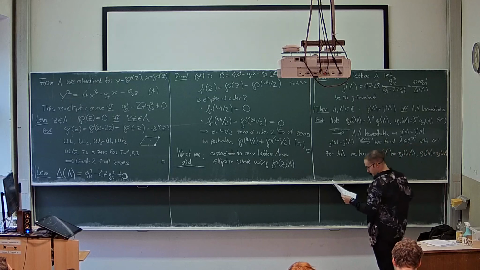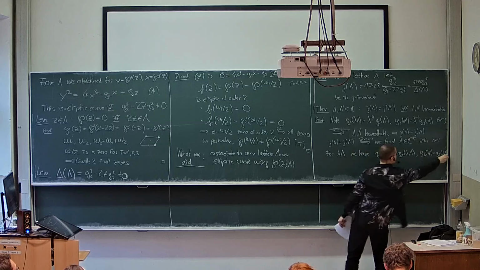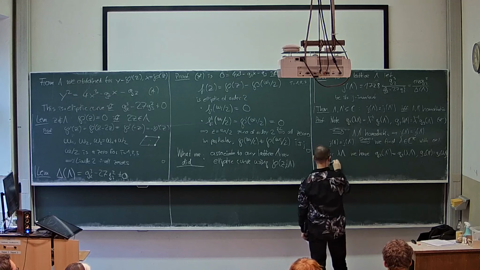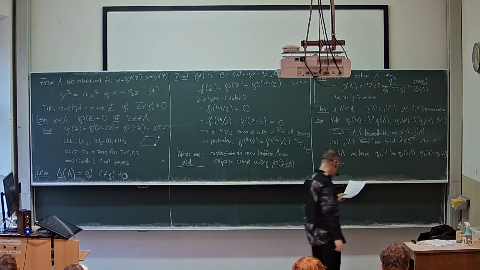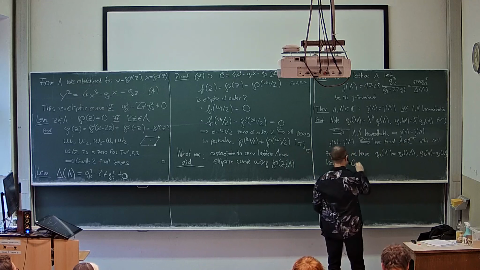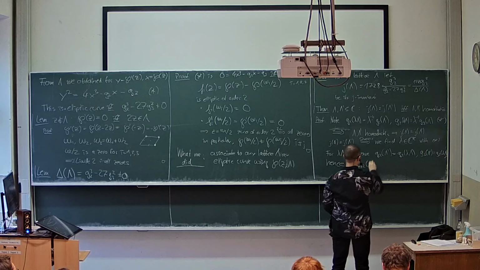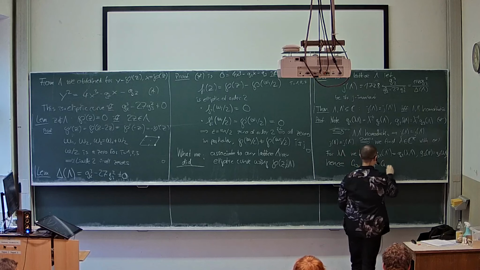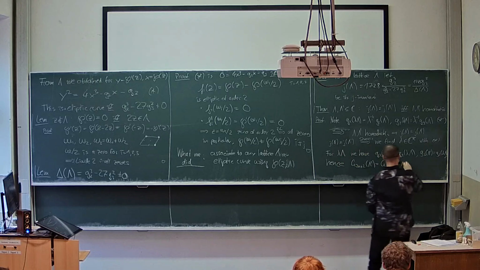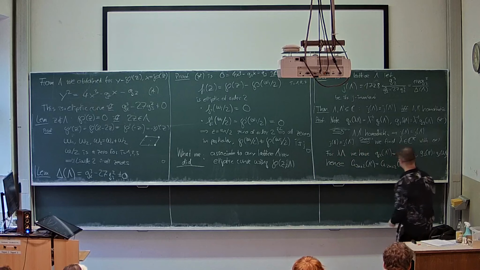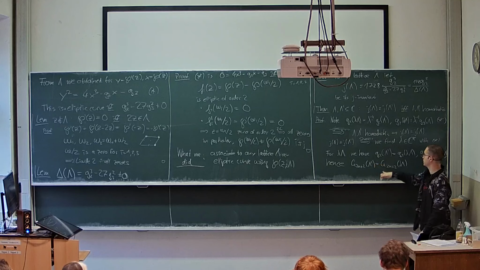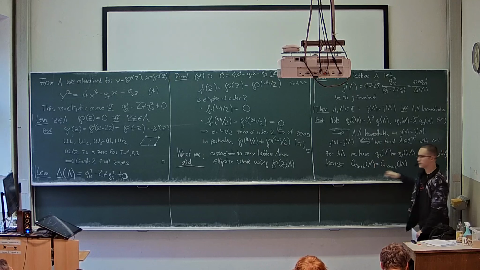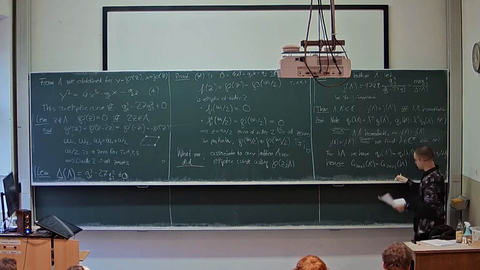And that's the only reason why I needed this independence and the Laurent series expansion of the Weierstrass P function. This implies that all these coefficients agree, simply because these are rational polynomials in G2 and G3. So if G2 and G3 agree, all these things agree.